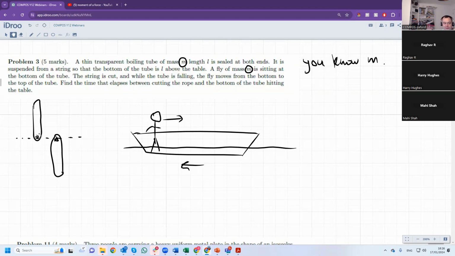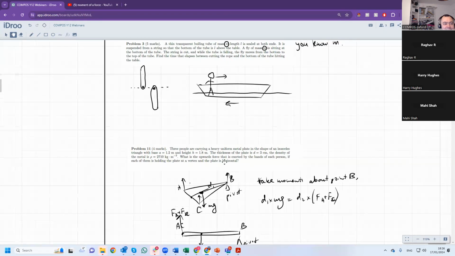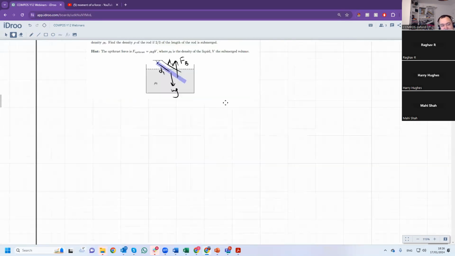Because if it's moving its wings, there's a down thrust of air, which is pushing the boiling tube faster down. So the boiling tube should be accelerating faster than g. Interesting. Yes.